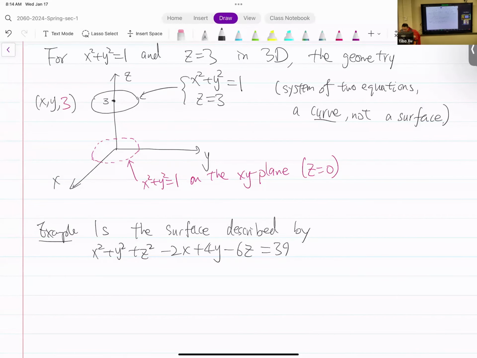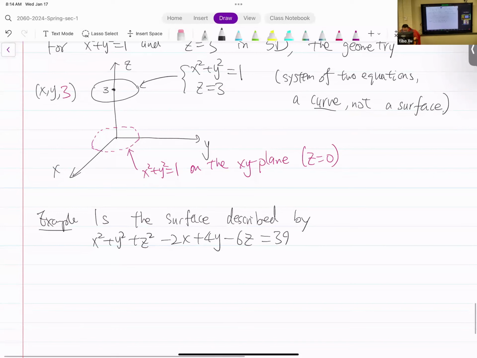Right? So this equation defines you some kind of a surface. It's possible that it's valid, but it's also possible that it's degenerate. It means it doesn't give you anything reasonable in the three-dimensional space. So we wonder if this is a sphere or not.